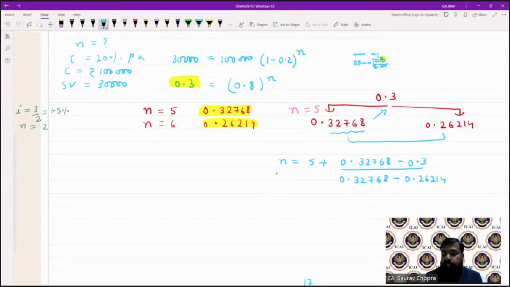Okay, so let's simplify this. So we are getting 5 plus 0.422, that is 5.42 years. 5.42 years we are getting.